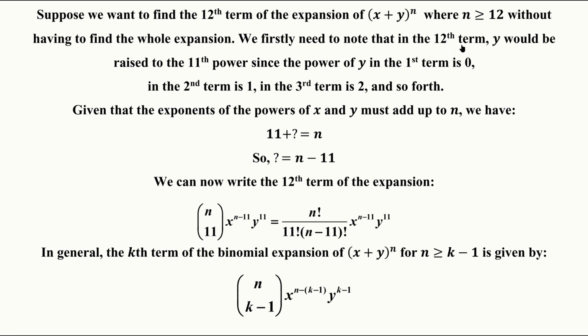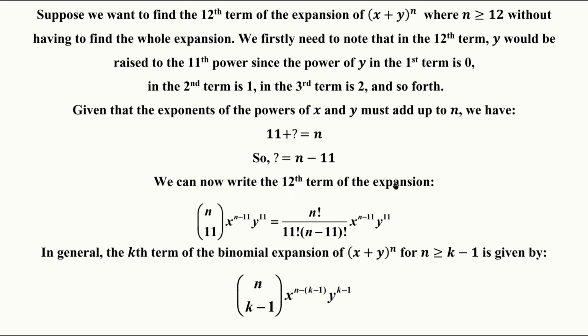So for the 12th term, the exponent on the y would be what? Would be 11, right? Now, given that the exponents of the powers of x and y must add up to n, as you know, in each term, we want to know 11 plus what number gives us n? Just solve this for the question mark and you end up with n minus 11.